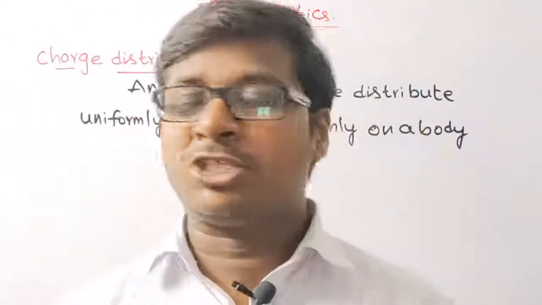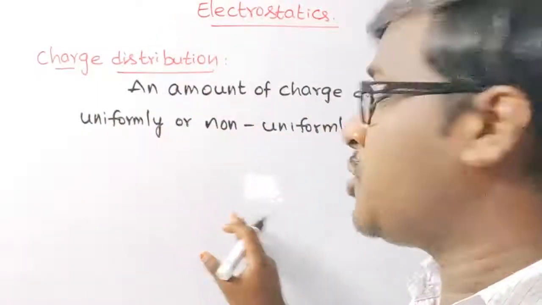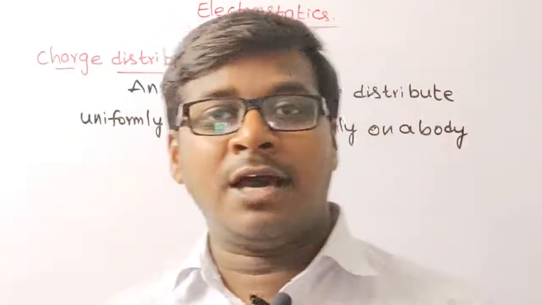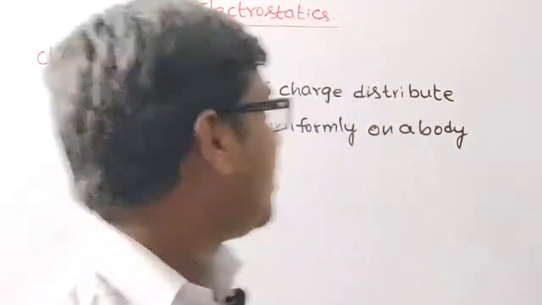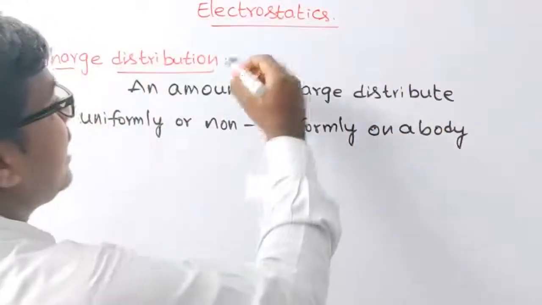In this charge distribution, an amount of charge is distributed uniformly or non-uniformly, and it can be classified into three categories.